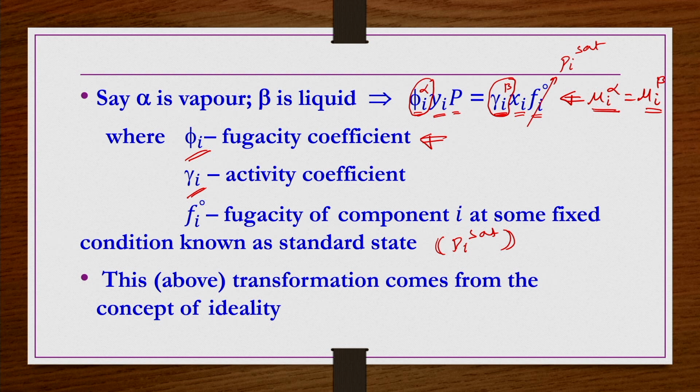If the liquid phase is a kind of ideal liquid mixture, then the activity coefficient is going to be 1 for that component. So, that means if this phi I, gamma I are deviating away from the value of 1, that means there is a kind of non-ideality in the vapor and then liquid phases respectively.